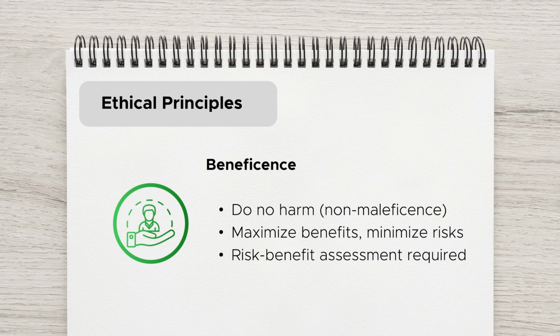Now, beneficence means that you want to maximize these benefits, but at the same time keep in mind that the risk to the participants must be minimized. And this risk-benefit assessment is what needs to be independently evaluated by an institutional review board.